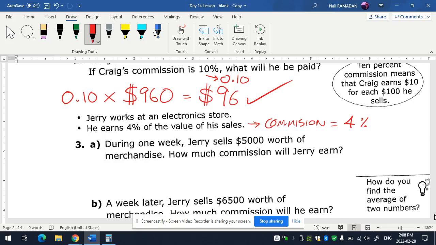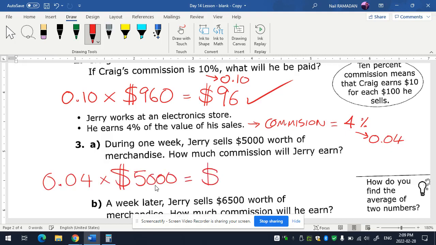So during 1 week, Jerry sells $5,000 worth of merchandise in an electronics store. How much commission does he get? Well, 4% out of 5,000. So same thing. 4% is 0.04 times the whole 5,000 he brought in sales.